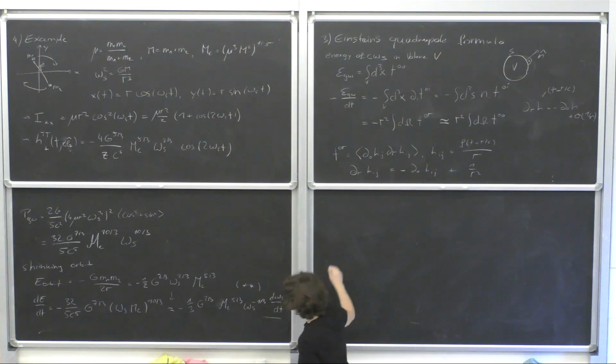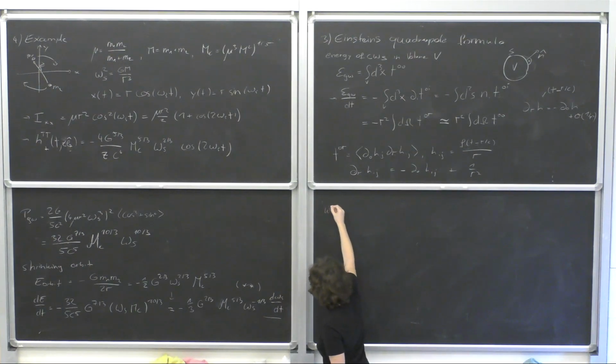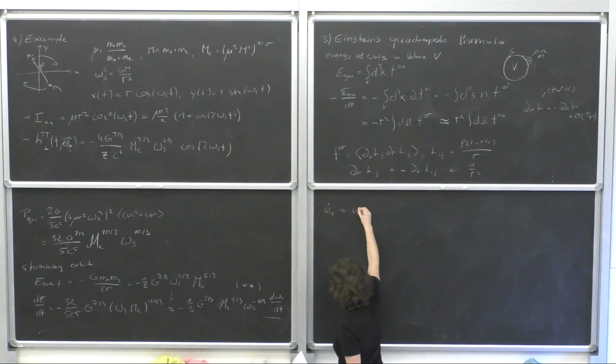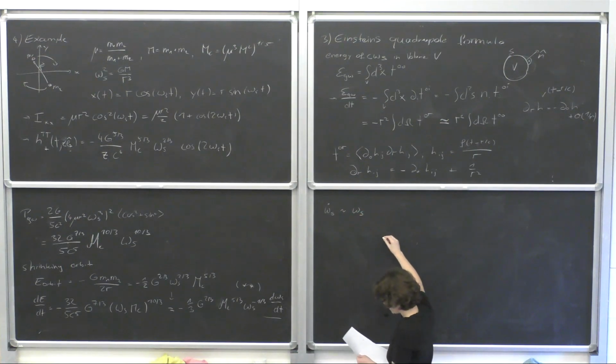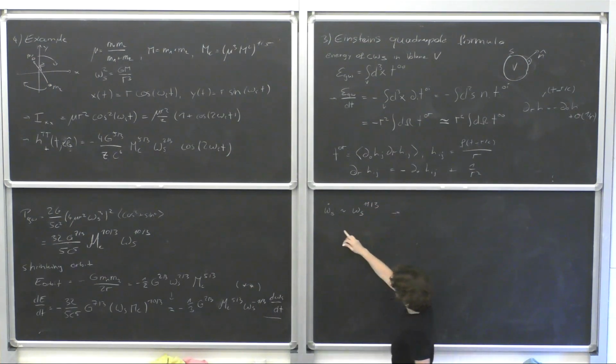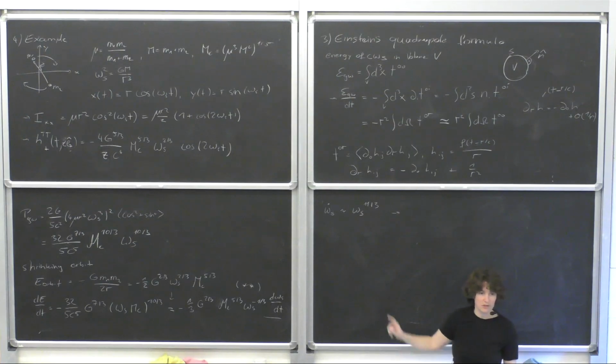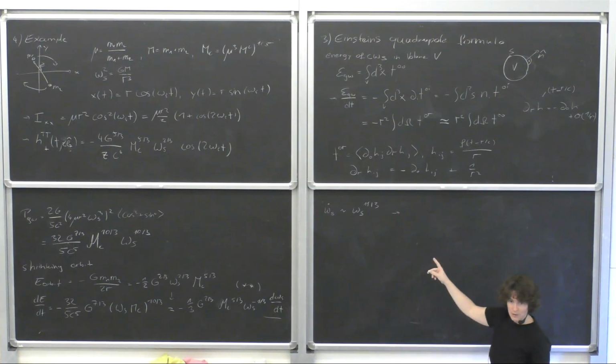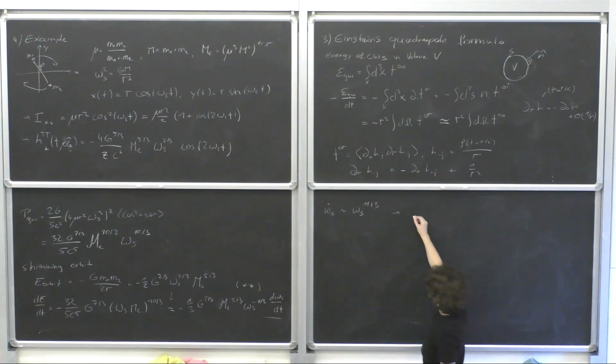So we get that omega dot is proportional to omega to the 11/3. Which then means that the gravitational wave frequency, which is just 2 pi times 2 times this, is proportional to this. So we'll have the same relation.